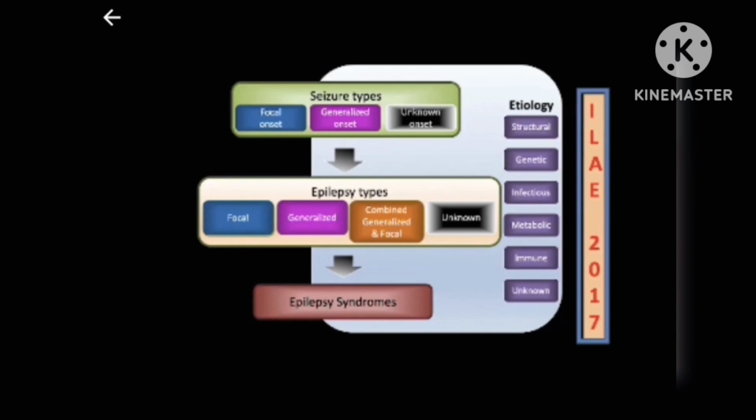So we know that you don't have to treat much. So the epilepsy type, along with the etiology, will help us to determine the epilepsy syndrome. So seizure type, epilepsy type, epilepsy syndrome.